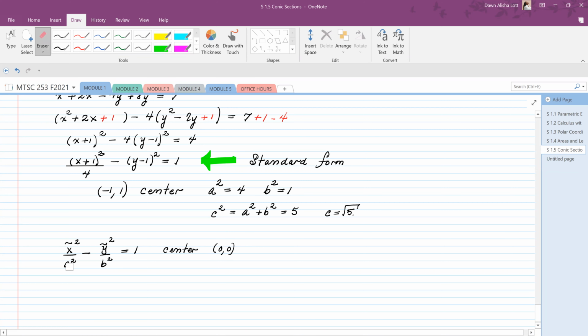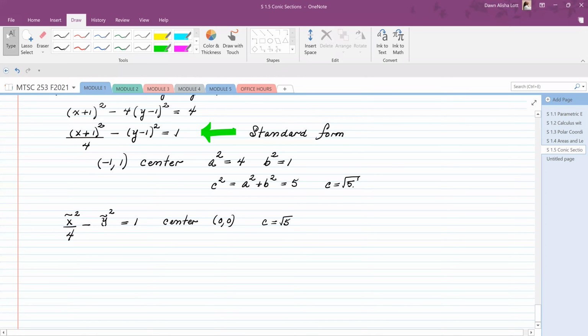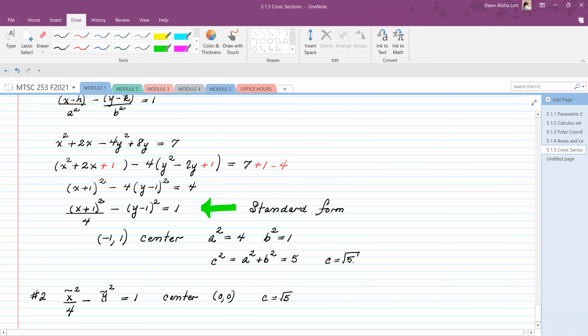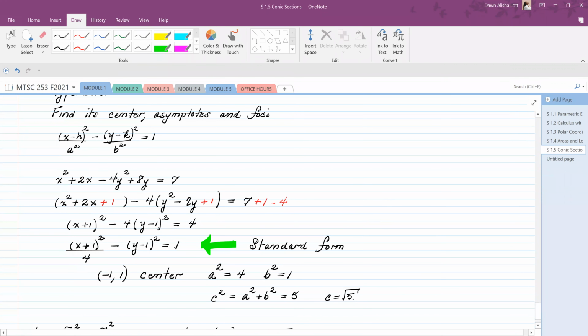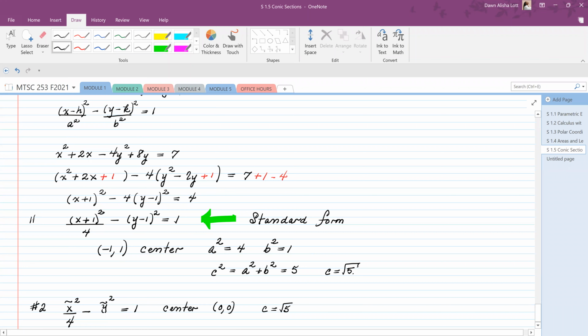And if I make this the 4 and that the 1, then the c in this problem is the square root of 5, just like the c in our problem. But this one has center 0, 0. The one that we're looking at has been shifted. So let's say number 2 is the original one that's not shifted. Number 1 is our problem.